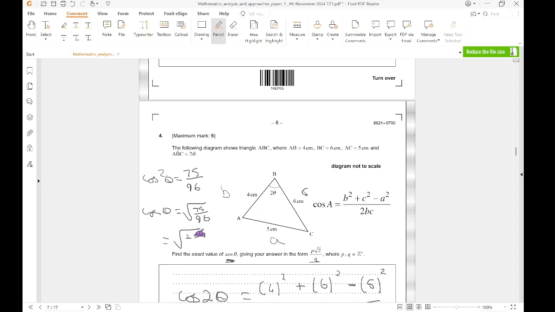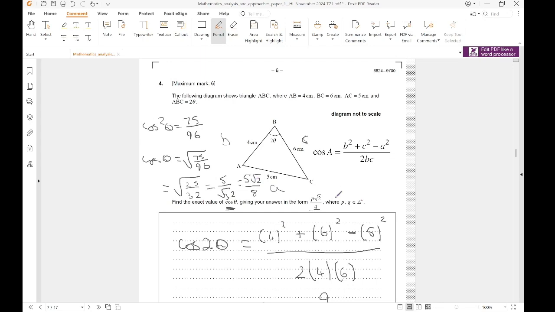Square root of 25 over 32 becomes 5 over root 32. And then obviously you rationalize the denominator, and once you do that, you should get a final answer of 5 root 2 over 8. Sorry, I don't have enough space to rationalize the denominator, but that should be your final answer right there, 5 root 2 over 8.